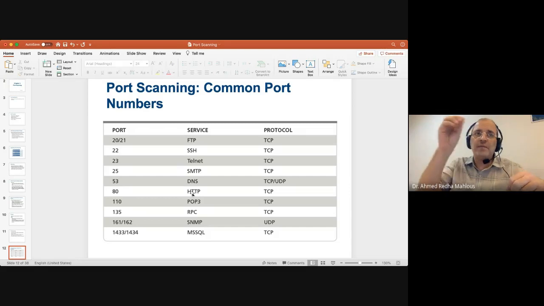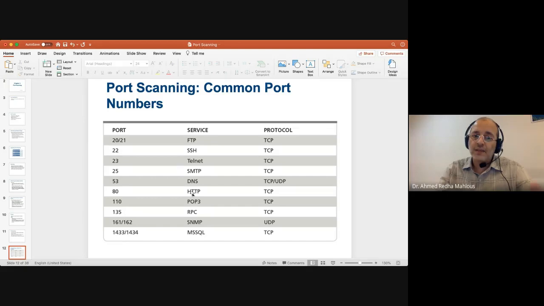I have ABC, so I will search on the net for the vulnerabilities associated with HTTP service version ABC, so you can exploit it and try to penetrate that machine using the vulnerability existing on that port related to XYZ service with version ABC.